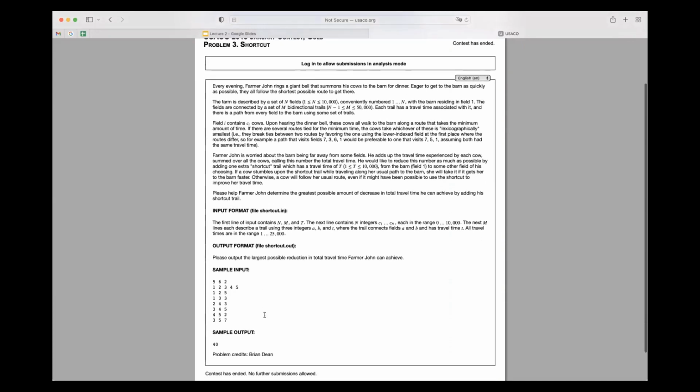Okay, hopefully you were able to read the question in this time. So now I'll go over how you would approach this problem with shortest path algorithms. The idea behind this problem is that, let's say you know the exact path that each cow would go on if there is no shortcut.